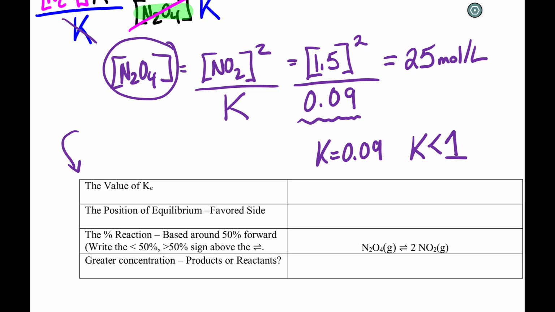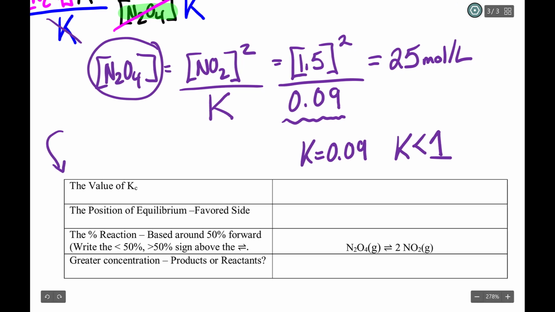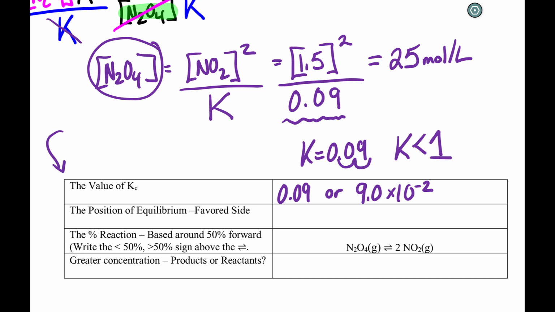All right, now that you've had a chance to do it, let's fill it in. I'm going to write this as 0.09, or what would probably be better is 9.0 times 10 to the negative 2. Because K is less than 1, this system favors the reactants.